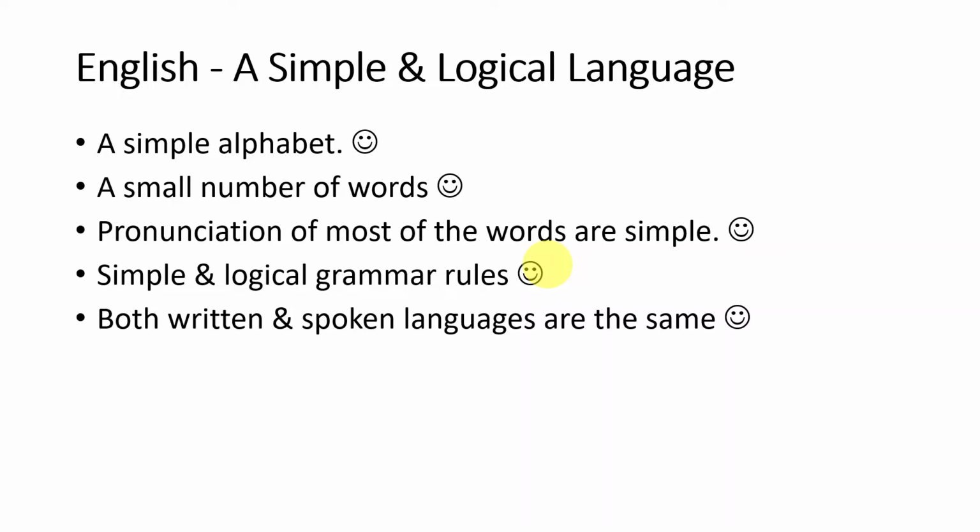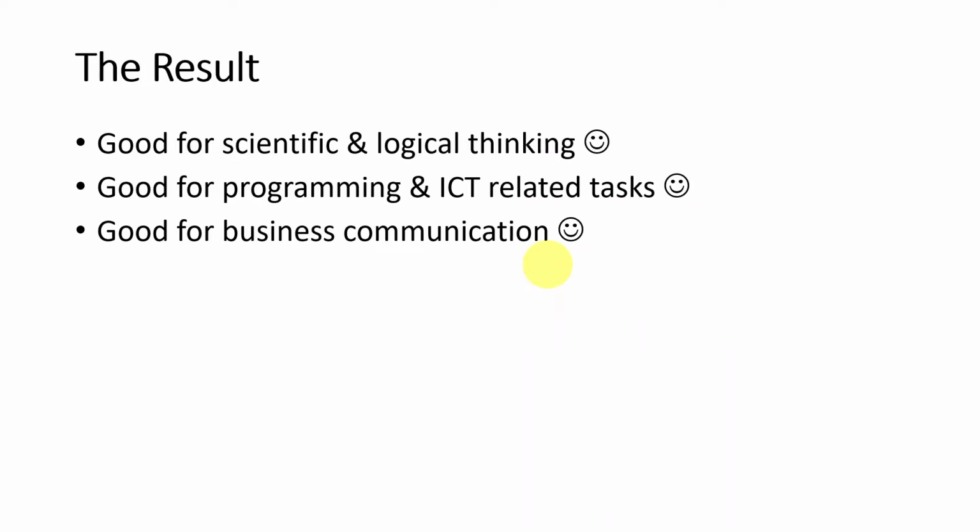So all those are plus points for someone learning the English language. And the result is a language good for scientific and logical thinking, a language good for technology, especially ICT and programming and things like that, and something really good for business communication where we need unambiguous, simple, clear communication.